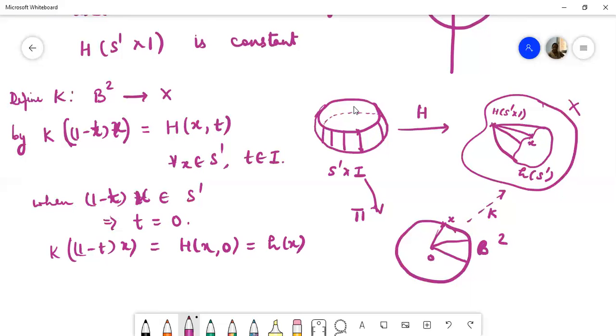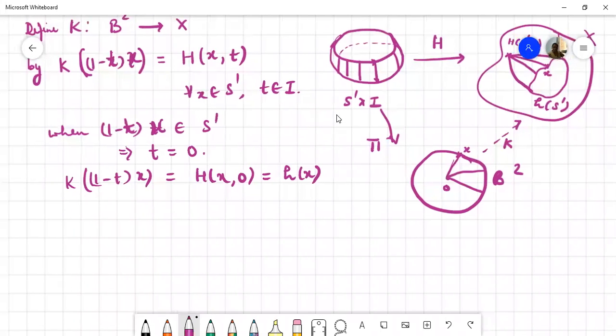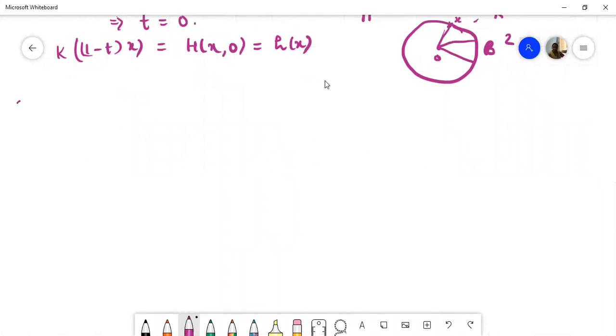Now we will prove 2 implies 3. So in 2 we have k, which is an extension of h, and we have to prove that the homomorphism h star of fundamental groups, which is induced by h, is actually trivial.